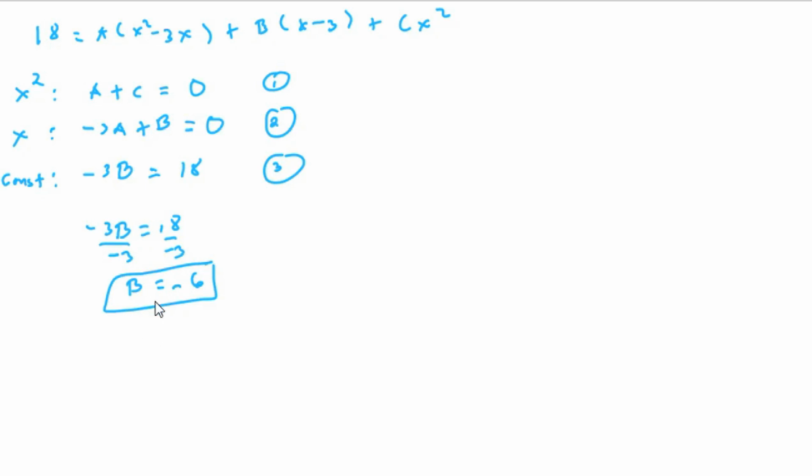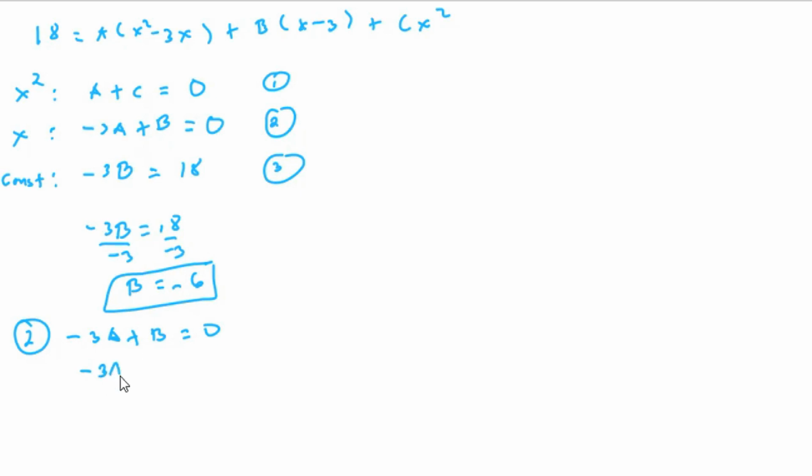So after solving for b is equal to negative 6, I would choose equation number 2, negative 3a plus b is equal to 0. We know now the value of b, so we can solve for a. From equation number 2, I have negative 3a plus b is equal to 0, and then substitute the value of b.